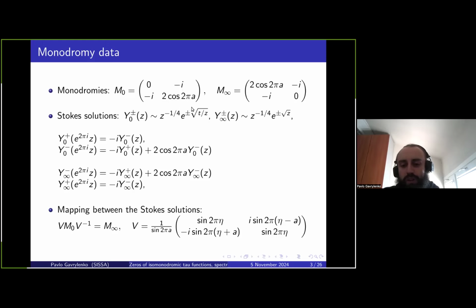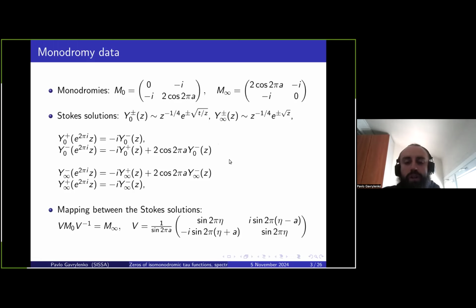So it's conjugate to the diagonal matrix e^{2πia}, e^{-2πia}. And it's a kind of cyclic normal form, which comes from these Stokes-like computations. It was kind of local monodromy data around 0 and around infinity.